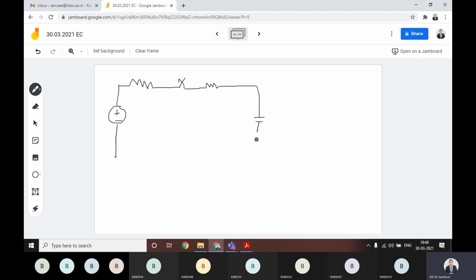Then we have a capacitor, then you have another resistor here. This value is 2 kilo ohm. This is 1 microfarad, and this is 500 ohm. This is also 500 ohm. This is 50 volts.